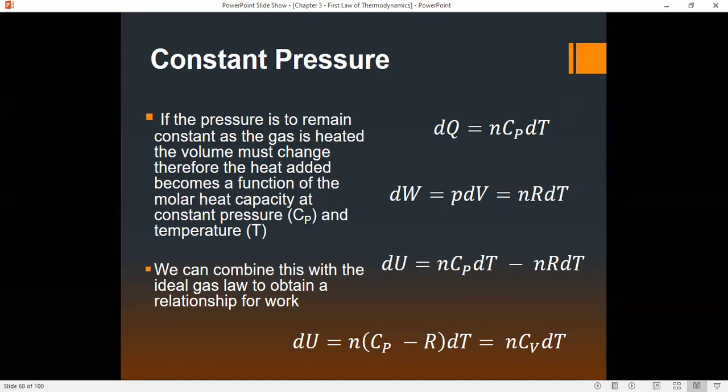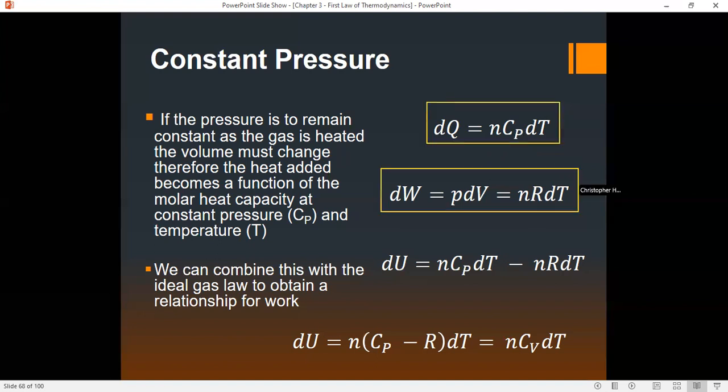So, looking at all of this, here is my dQ, here's my dW. So I'm going to take dQ and put it right there. dU is equal to dQ minus dW. You already wrote that before. Now I'm going to take this and put it right here. Notice the difference between the two.